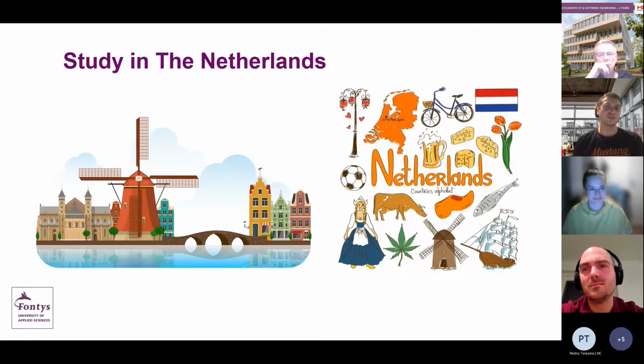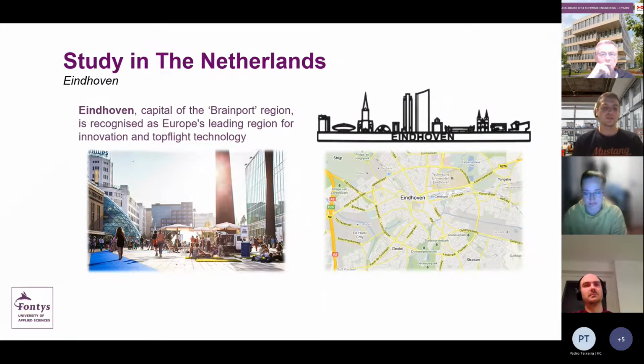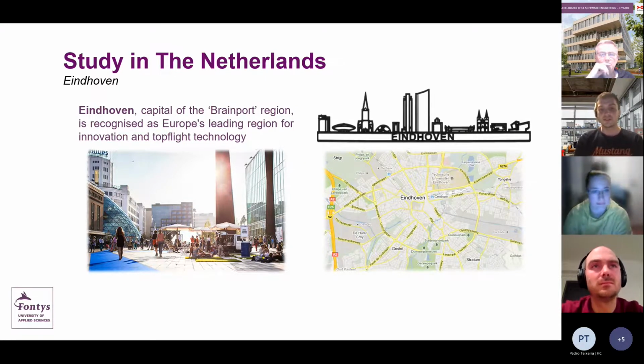Can you go to the next slide, please? Now I would like to speak about Eindhoven. Eindhoven has a population of 230,000 people. That's pretty big, and it is considered the Silicon Valley of Middle Europe. Why is that?